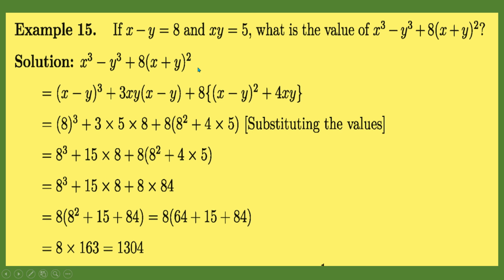So 8 into (x+y)^2. As the given condition is x - y, x+y we can write as (x - y)^2 + 4xy, because we know (a+b)^2 equals (a-b)^2 + 4ab.